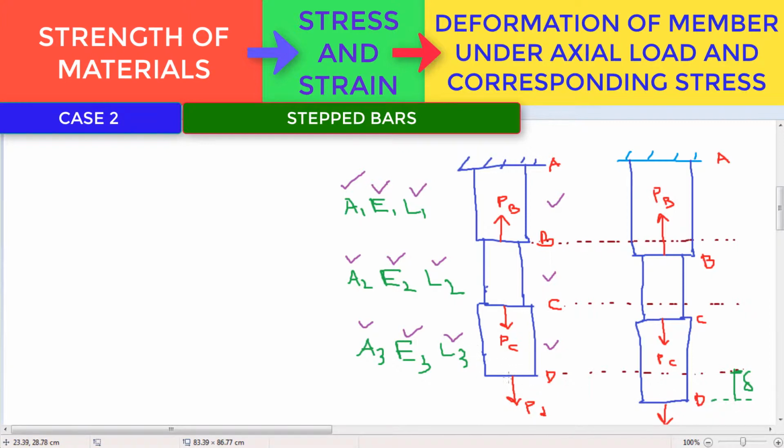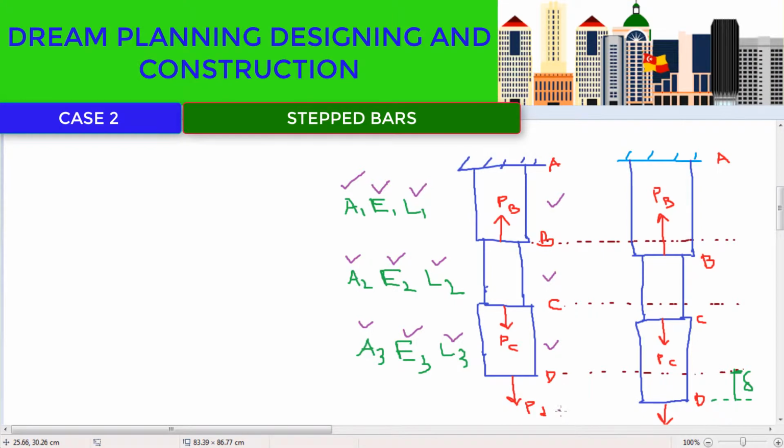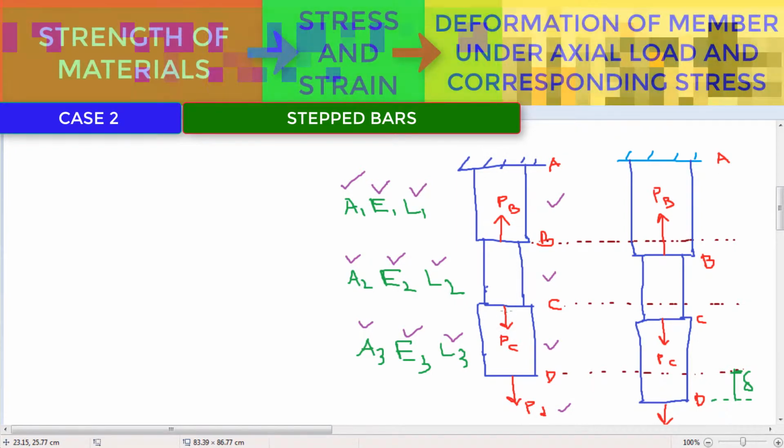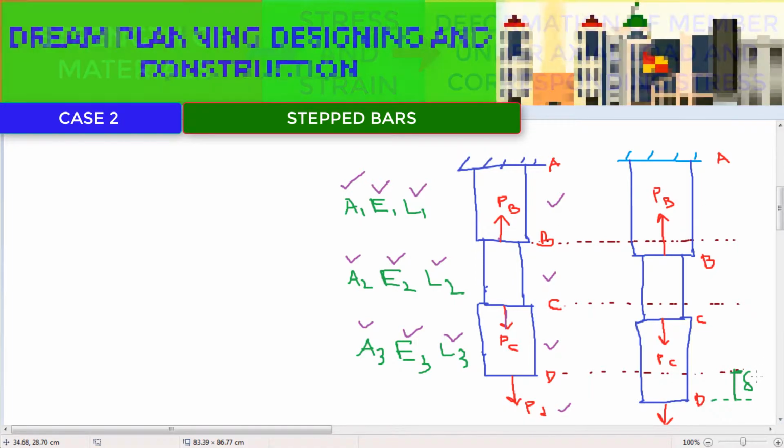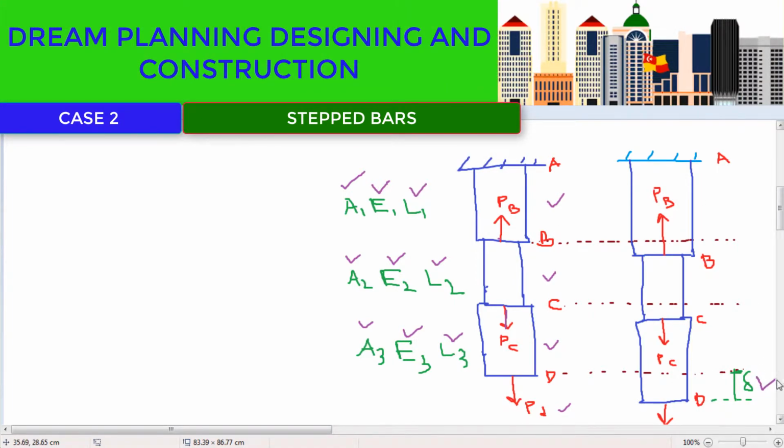Here this load PD is outward at joint D, PC at joint C is downward, and PB is inward on this BA member. So we have to determine the value of this deformation del, that is the total deformation.